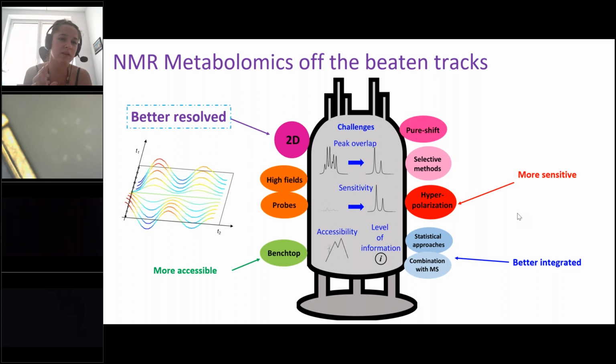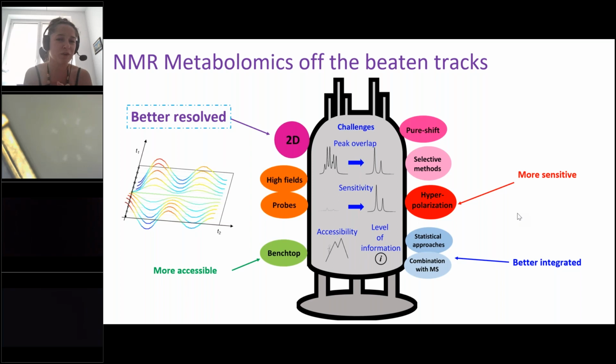But the method development that will be of interest today is done on 2D NMR, to have better resolved spectra. But the problem with 2D NMR is that we need to have two temporal dimensions.